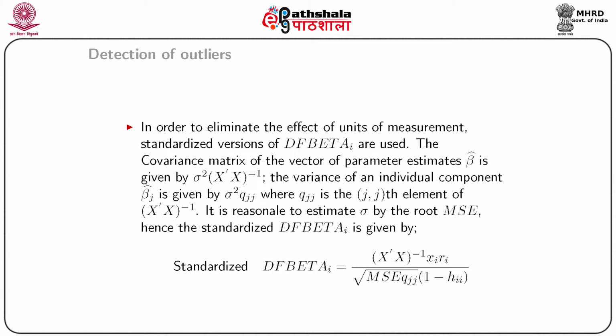The variance of an individual component beta j hat is given by sigma square times qjj, where we denote qjj by the jth diagonal element of (X prime X) inverse. It is reasonable to estimate sigma by root mean square error as we have done before, and hence obtain the standardized DFBETAS, which is given by (X prime X) inverse xi times ri divided by 1 minus hii times square root of MSE times qjj.